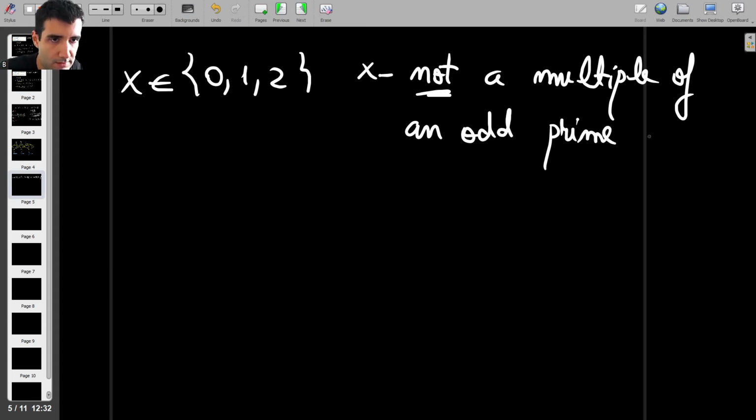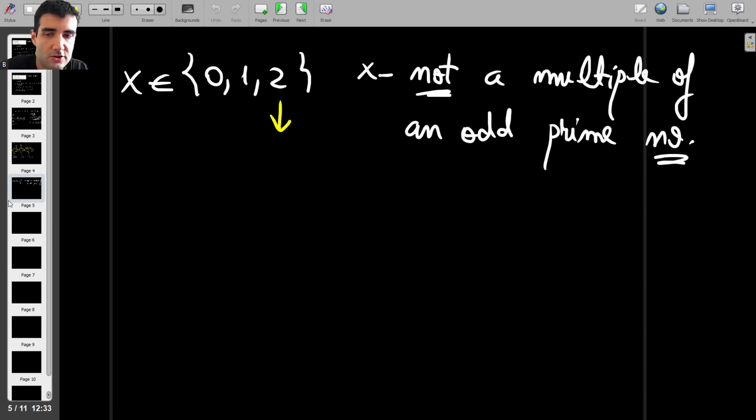Okay. Well, let's actually start with 2. So 2 is not a multiple of an odd prime number, right? Because 2 is just 2 times 1. So you can say that 2 is a multiple of 1, but 1 is not a prime number.